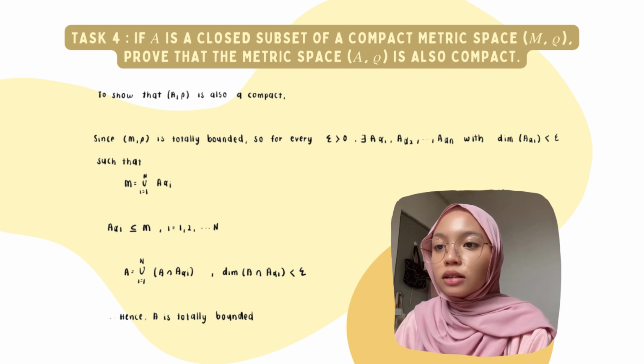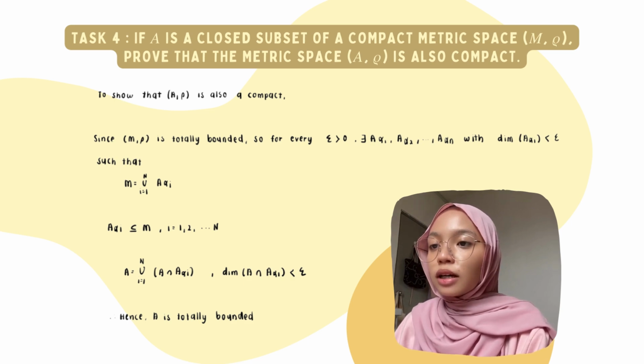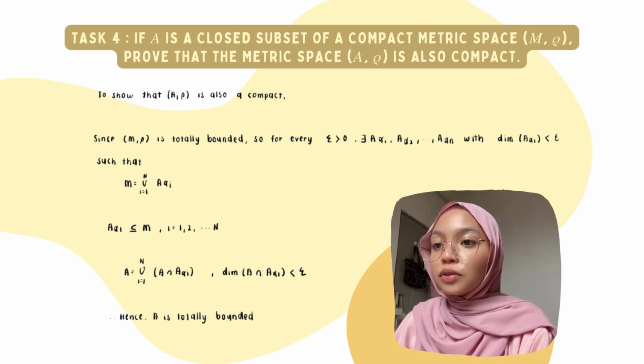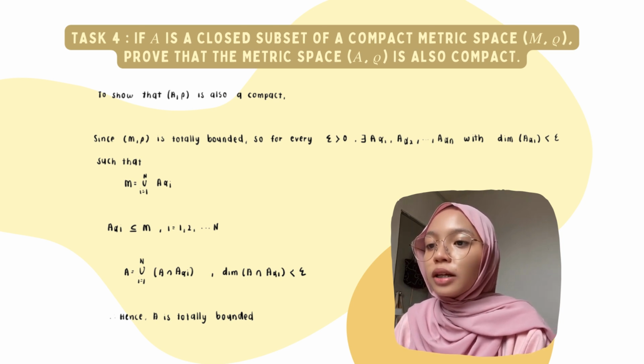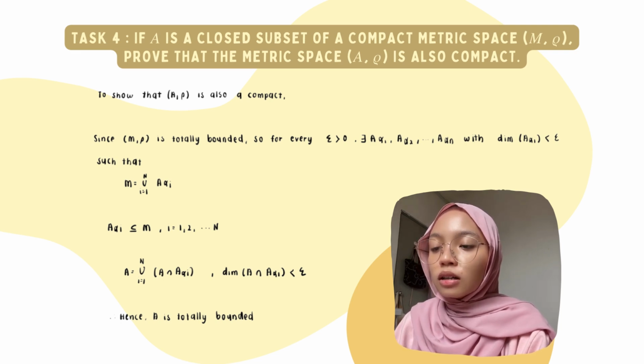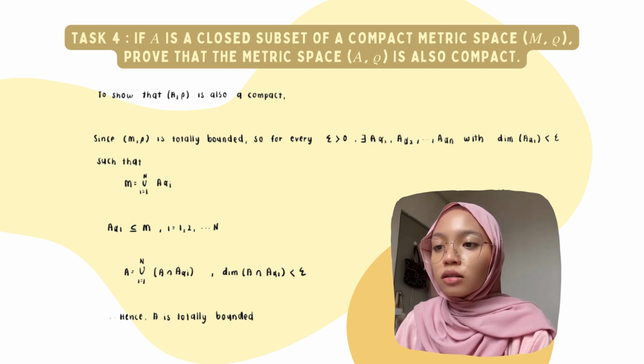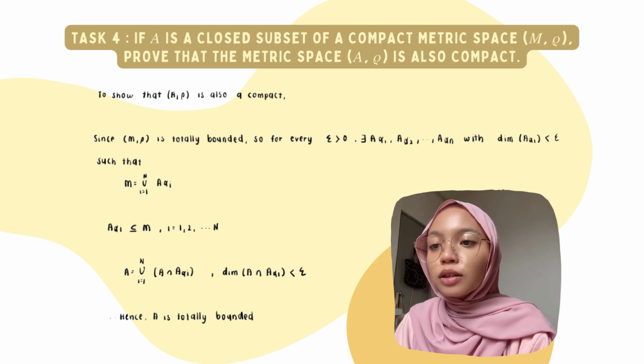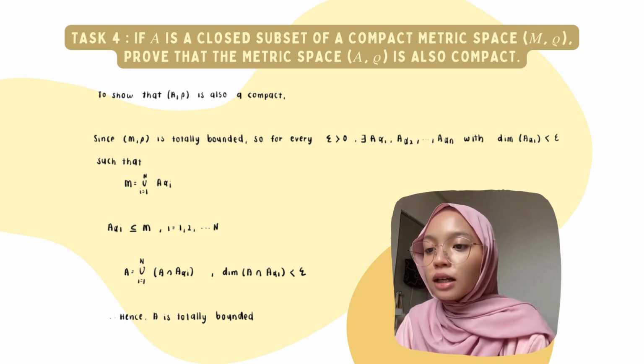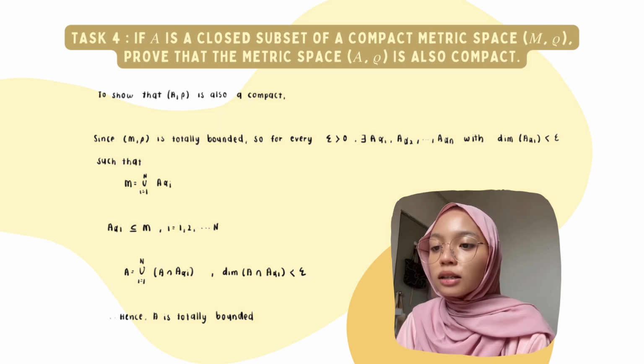Since A is a closed subset of the compact space M, M is the union of A_alphai up to n, so A_alpha is a subset of M. Since M is compact, the diameter of A intersect A_alpha is less than epsilon. Hence, A is totally bounded.